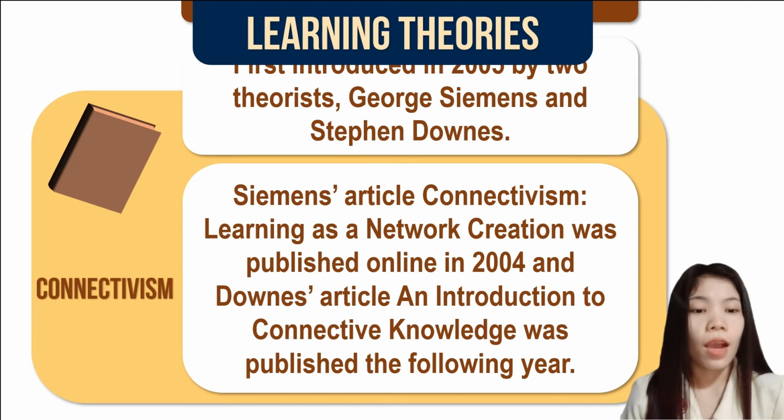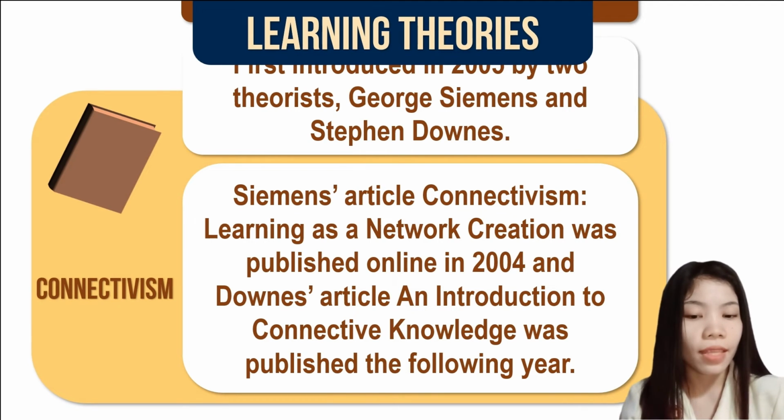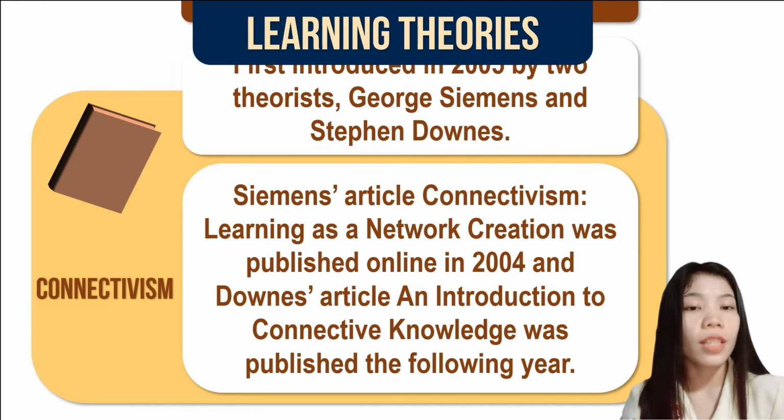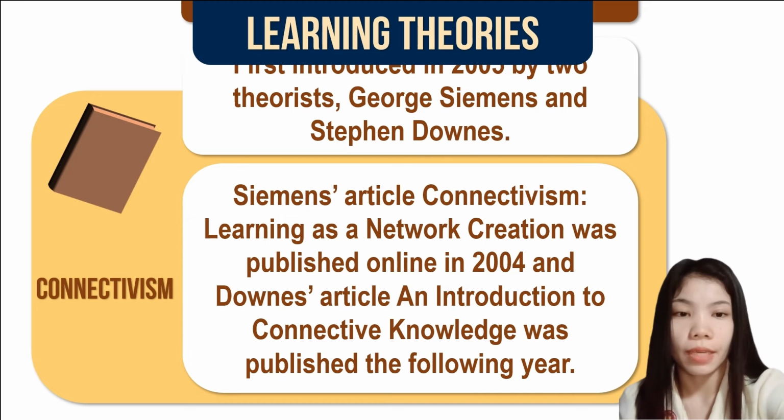Since then, both Siemens and Downes have continued to write and speak on the subject. Siemens focused on the social aspect of connectivism, and Downes focuses on non-human appliances and machine-based learning.